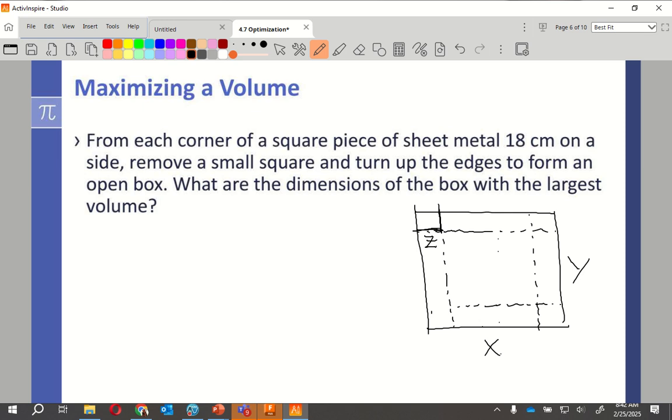Because a volume is length times width times height. In my problem here, it's x times y times z. Yes? But since we're cutting away a little bit each time, I know that my volume would equal x times y times z. Because when I fold this up, this piece right here, z, is how much it's actually going up, right?